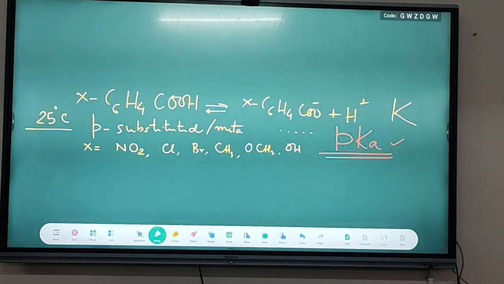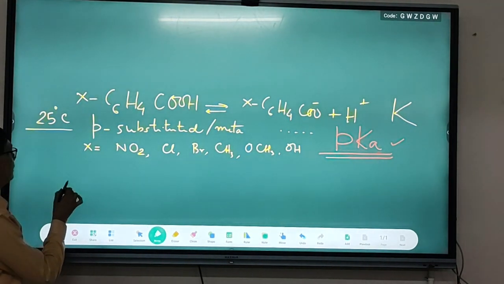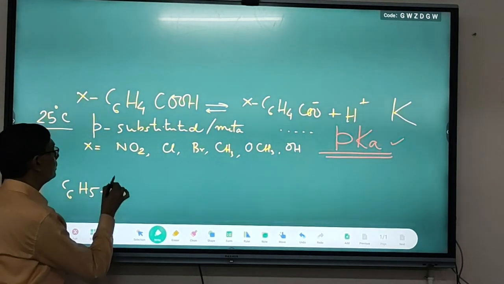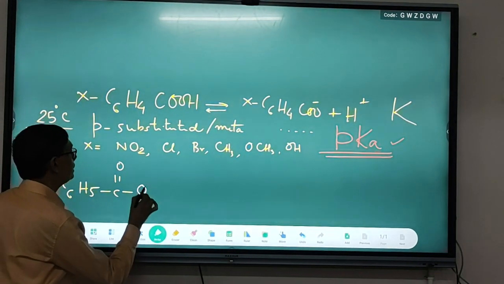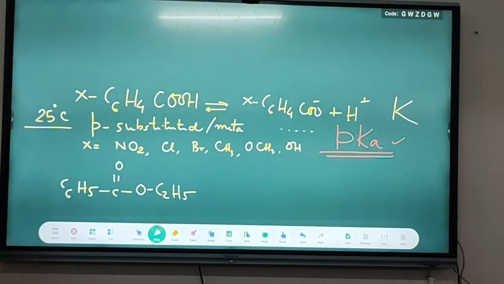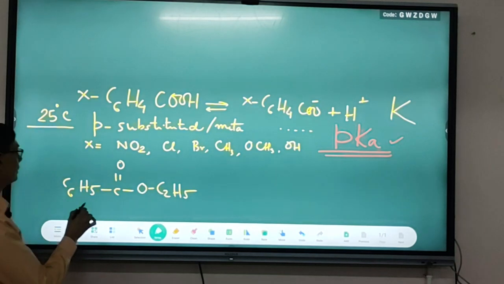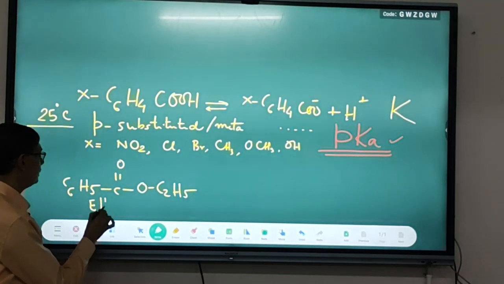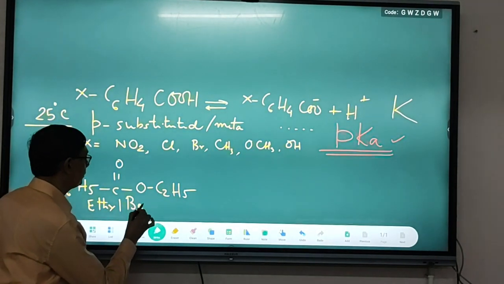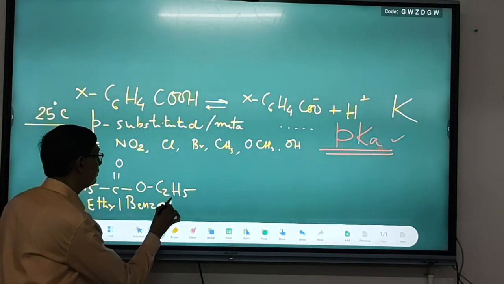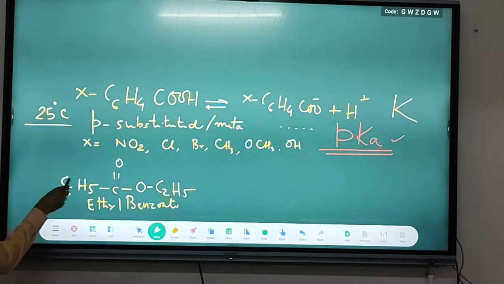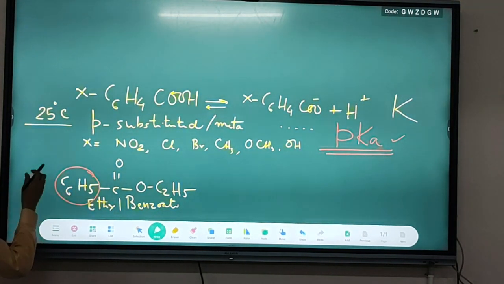At the same time, he has taken C6H5COOEt, this is ethyl benzoate. It is called ethyl benzoate. You can write substitution also.